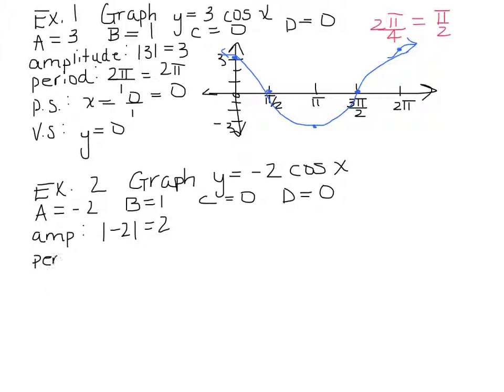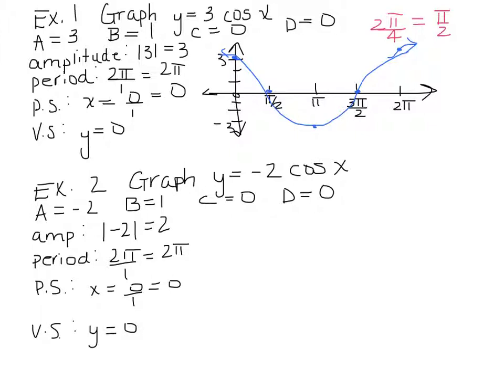My period, 2 pi over b, which is 2 pi. My phase shift, x equals c over b, which is 0. My vertical shift is y equals d, which is also 0.